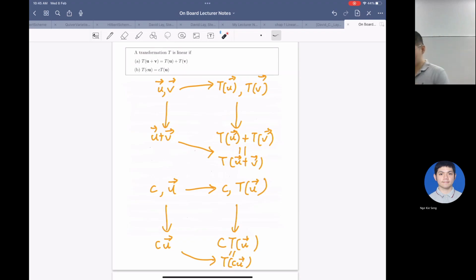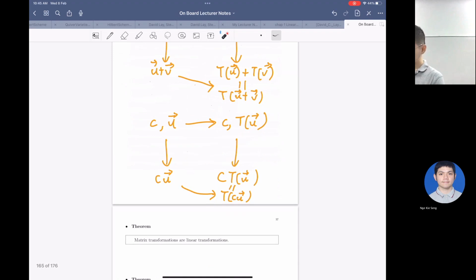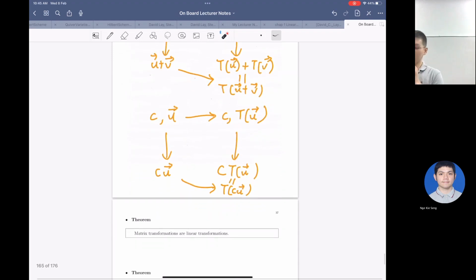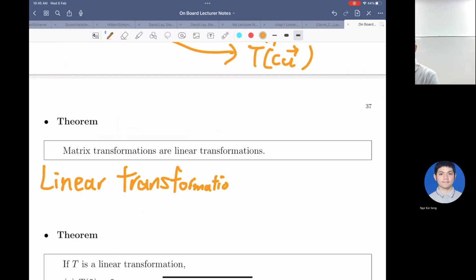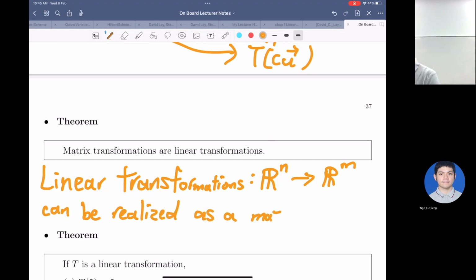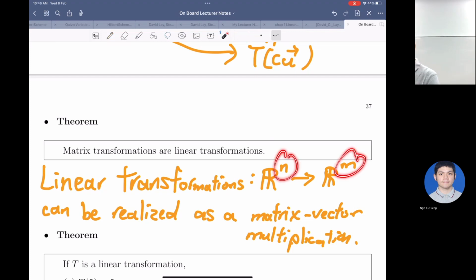And then you might ask, why do we care about linear transformation? It's because matrix transformations are linear transformations. I'll use some jargon first: a linear transformation between finite dimensional vector spaces, meaning you can put Rn and Rm, can be realized as a matrix-vector multiplication. When n and m are finite, we can write them as a matrix.